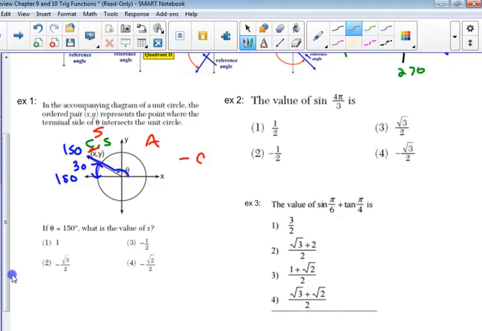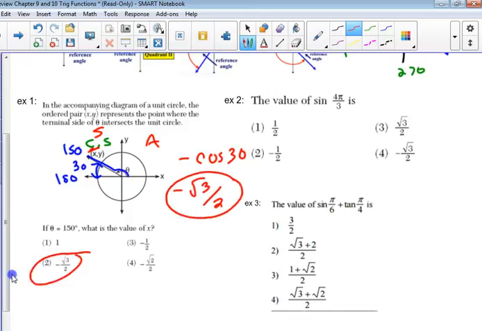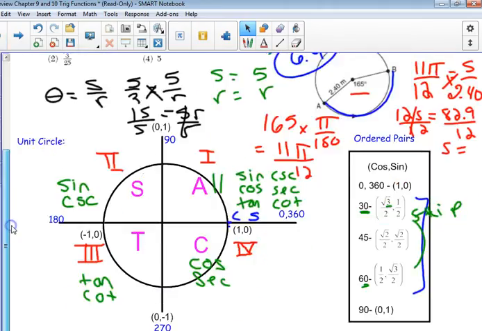And the negative cosine of 30, what would that really be? Good job. Negative radical 3 over 2. This is why you really want to know the ordered pairs. When you look at the ordered pairs, the cosine is the first one, so you want to make sure you know that the cosine of 30 degrees is radical 3 over 2.